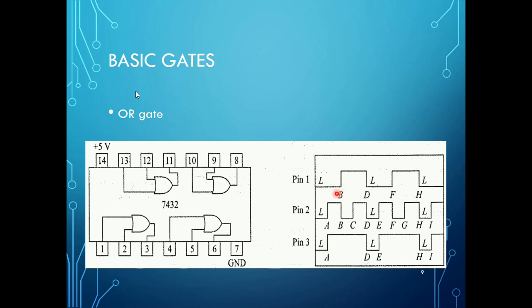If I provide low input on one pin and high on the second pin, you get high output on the third pin. Again high and low as input, third pin you will be getting high output. If both the inputs are high, then output will be high itself. So this is just a timing diagram example for the OR gate.